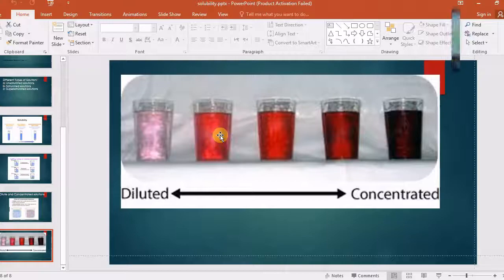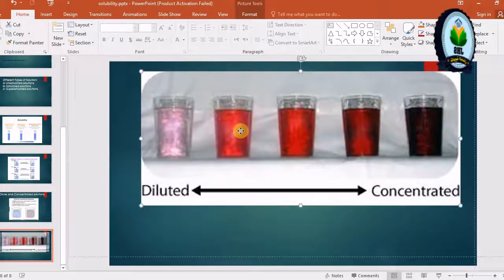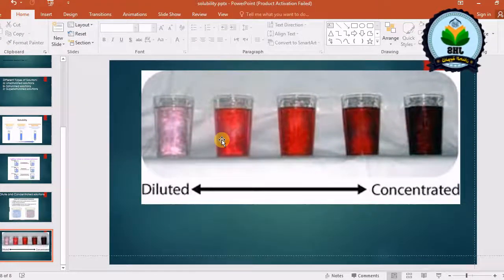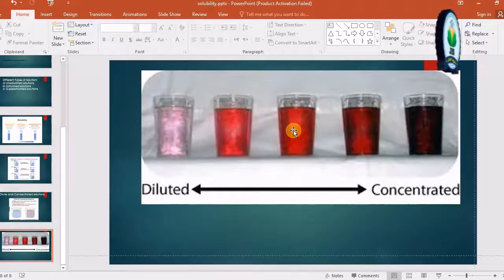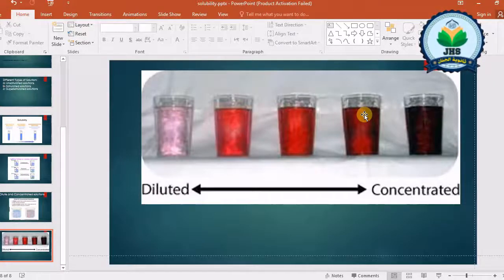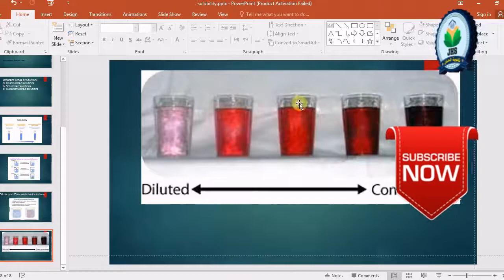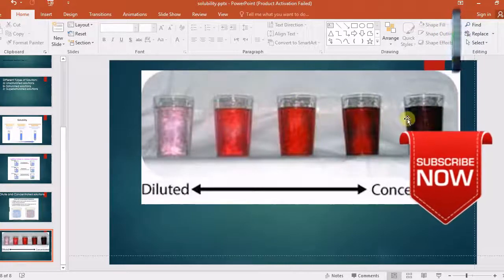This one is darker than the first one. In the third one, I added 5 drops of red food coloring. It becomes darker than the first one. In the fourth one, we added more food coloring. It becomes darker and darker. The last one is the darkest one.